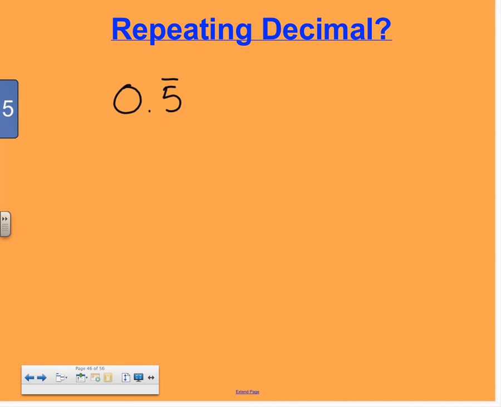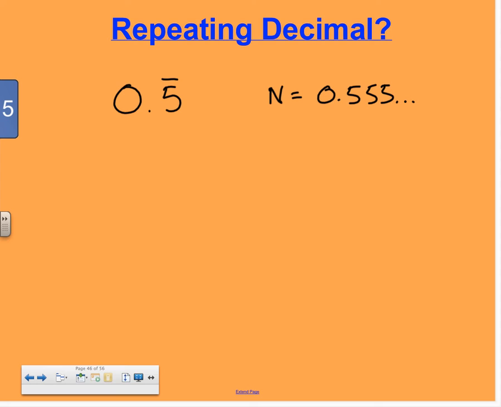Well, what do you do with that? We know that 0.5 repeating is the same as 0.555, etc. And I'm going to let the letter n equal 0.555. All right? So we've kind of got ourselves a little equation here.